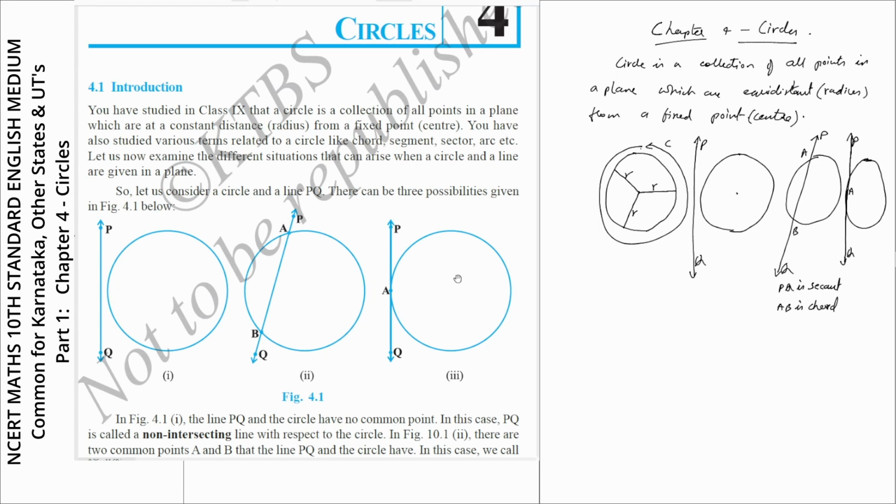Now PQ is called a tangent. When a line touches a circle at only one point, then that line is called a tangent.